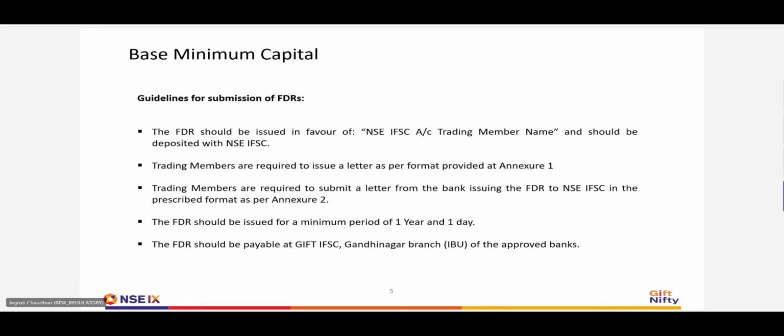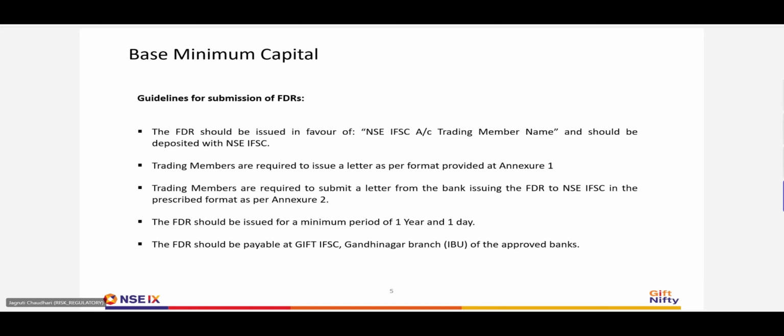Also, a lot of times maturity comes during holidays or weekends. So members, the BMC has to be furnished throughout the year, or else we have to disable you for trading. Members need to see that the maturity doesn't fall on weekends or on holidays.